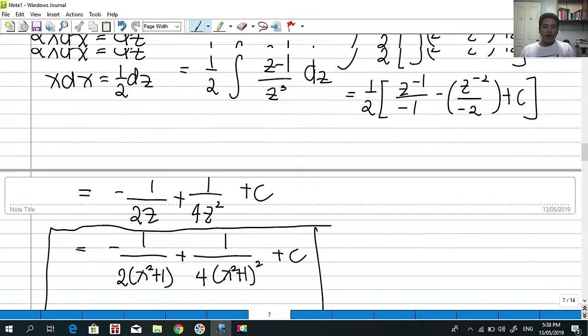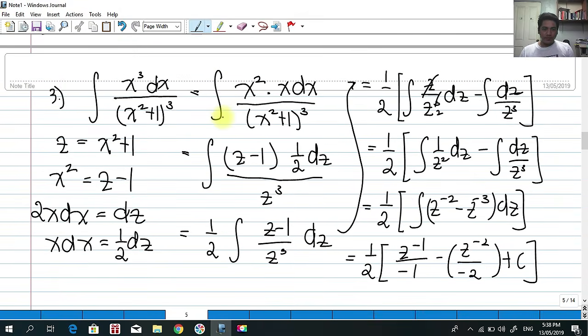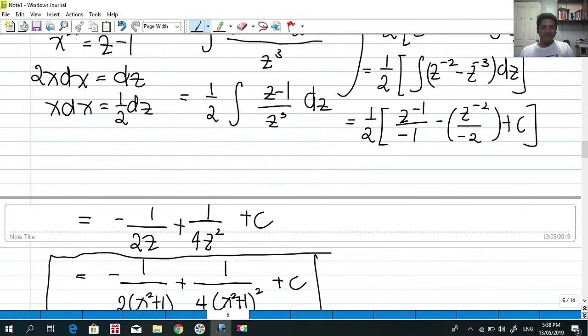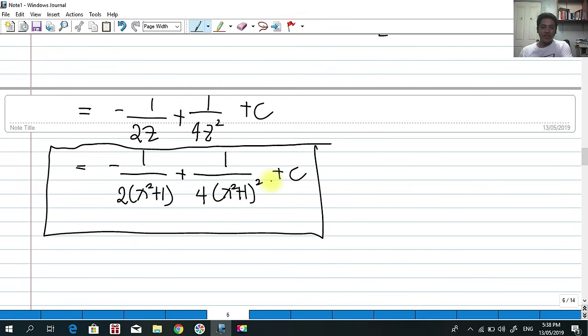And again, the same process that we did for the integral: integration by substitution, algebraic substitution.